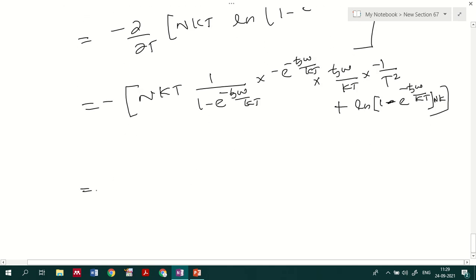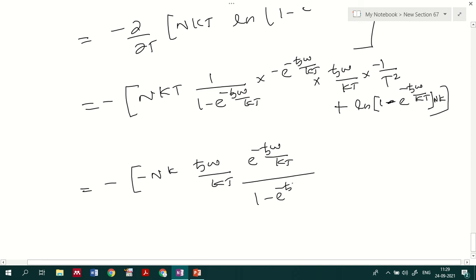Now this is equal to minus Nk ħω by kT e^(−ħω/kT) divided by 1 minus e^(−ħω/kT), plus Nk ln(1 − e^(−ħω/kT)). So you will have it like this.